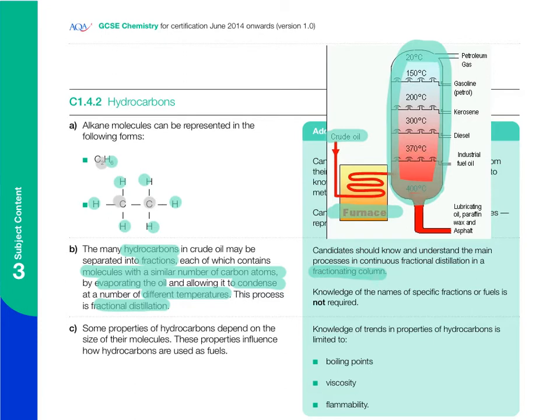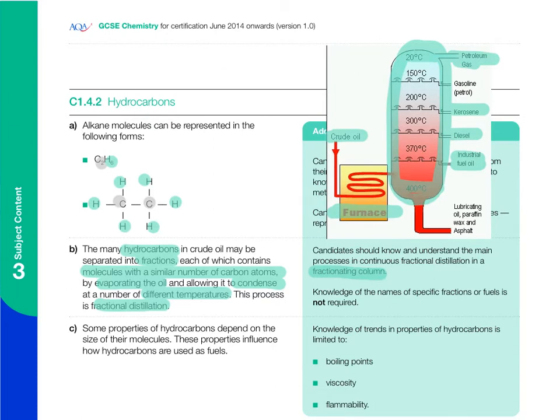For example, petroleum gas will condense at a much lower temperature, around 20 degrees Celsius, and you can separate that off. Kerosene, diesel or industrial fuel oil are going to condense, going from a gas to a liquid, at much higher temperatures. The difference in temperatures in the fractionating column allows you to separate out the different fractions, the different chemicals.